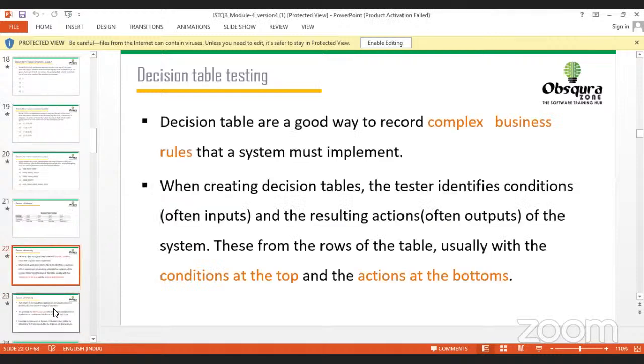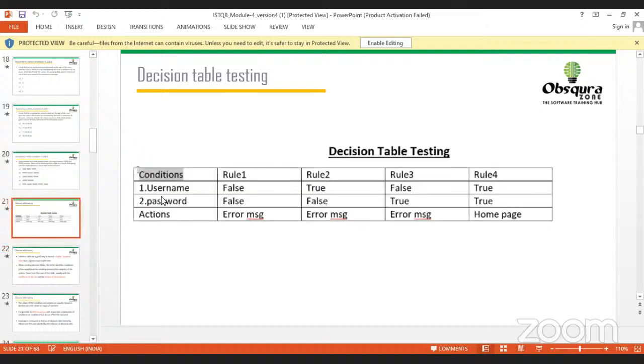Decision tables are a good way to record complex business rules that a system must implement. When creating decision tables, the tester identifies conditions, often inputs, and resulting actions of the system. That is, the inputs that we have mentioned as the conditions, and the actions are the outcomes.